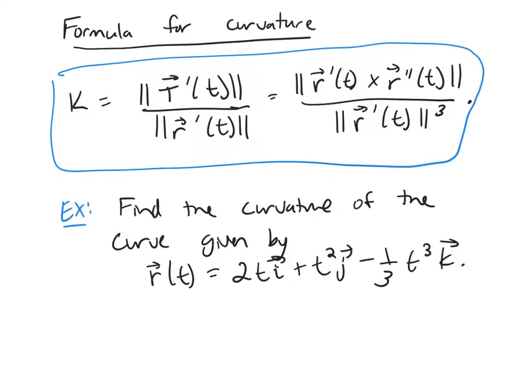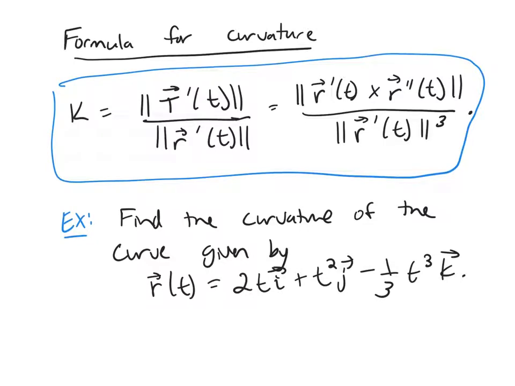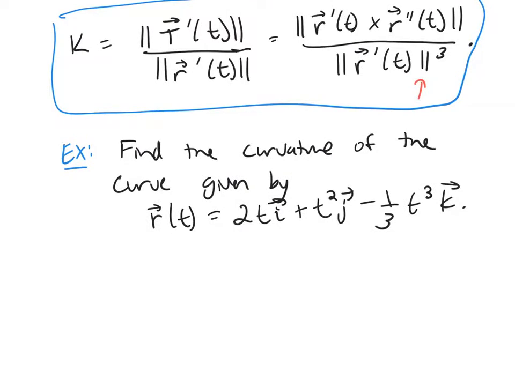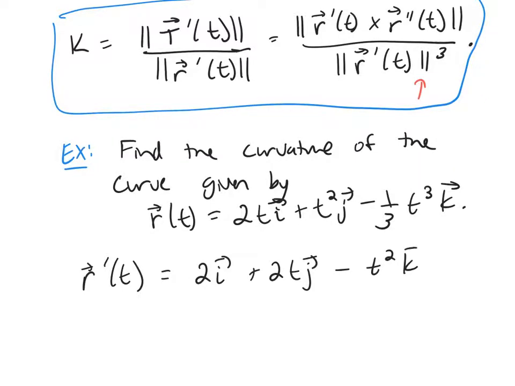To compute this one, we're going to use our formulas up here, and let's use this second formula. So I need r prime and I need r double prime. Let's find r prime. r prime will be 2i plus 2t j minus t squared k.